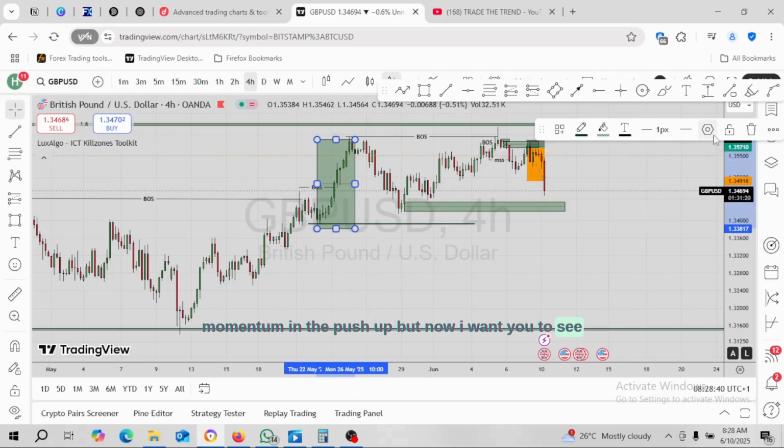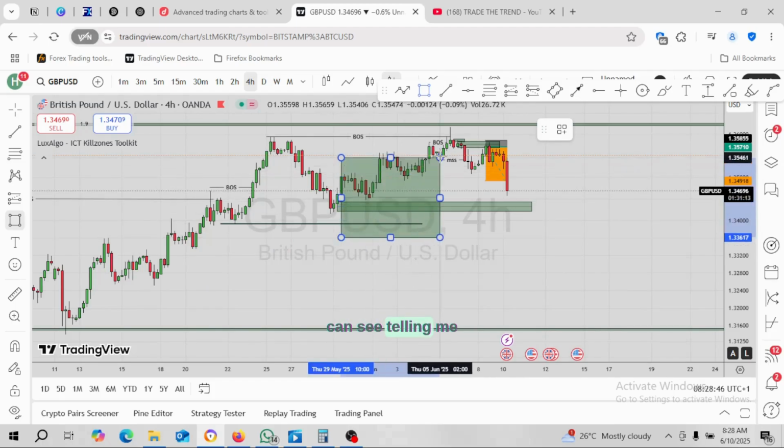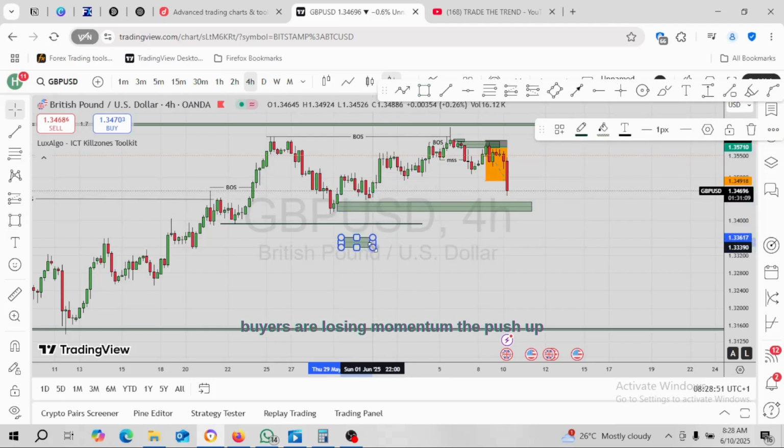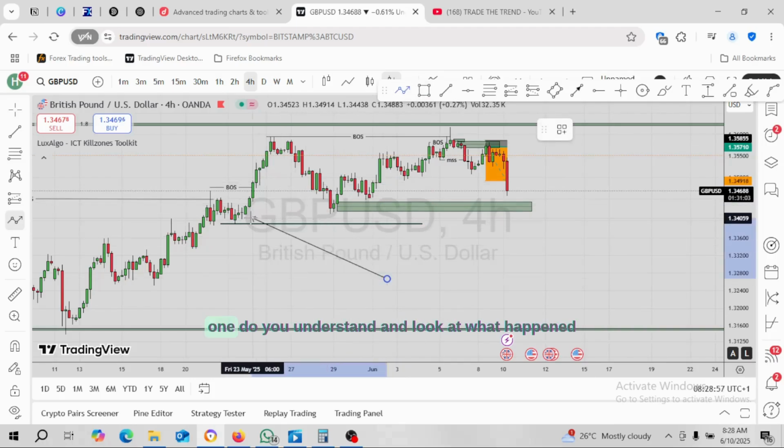But now I want you to see the current push up after price reacted from that zone. It signals that the buyers are losing momentum. The push-up was not as rapid and great as this one. Do you understand? And look at what happened.